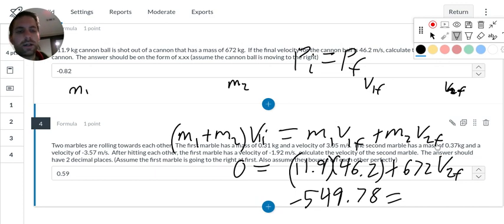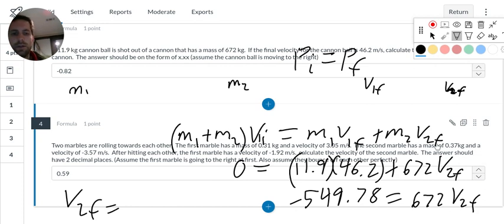Put on the other side, 672 V2F. I'm going to solve for that, and I should get negative 549.78 divided by 672, which is 0.81825, but that's negative.